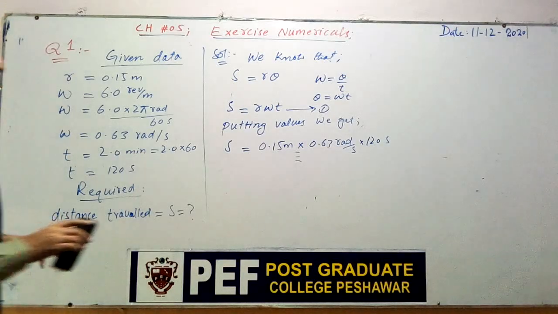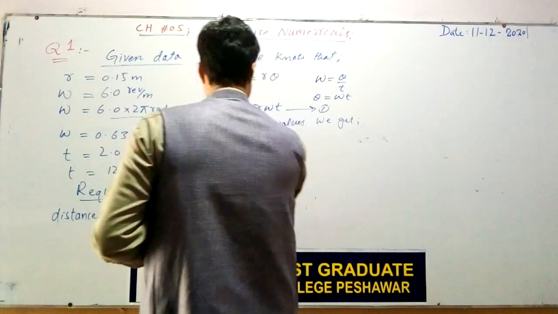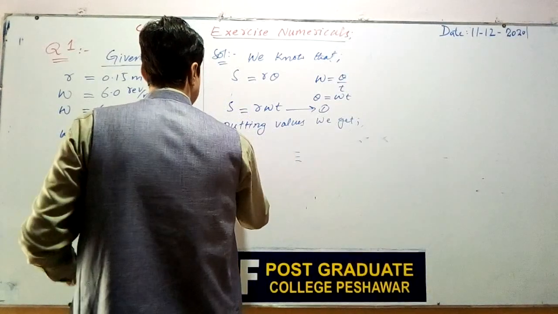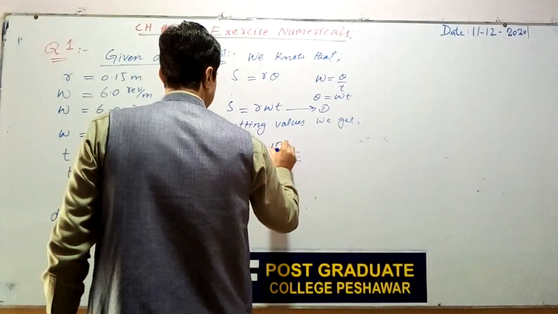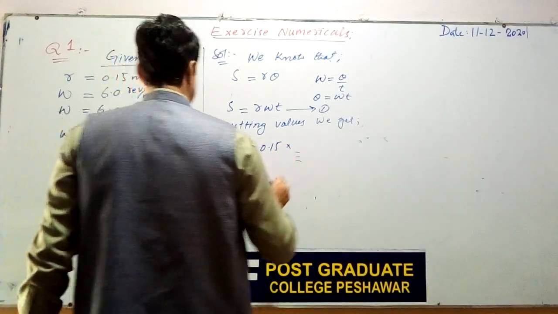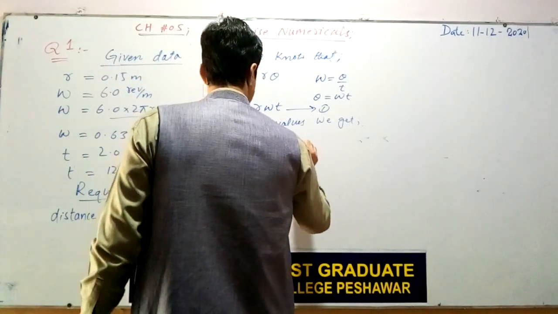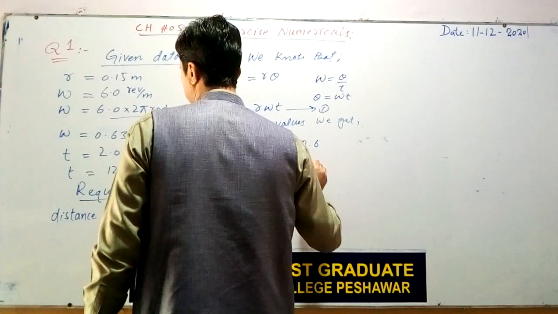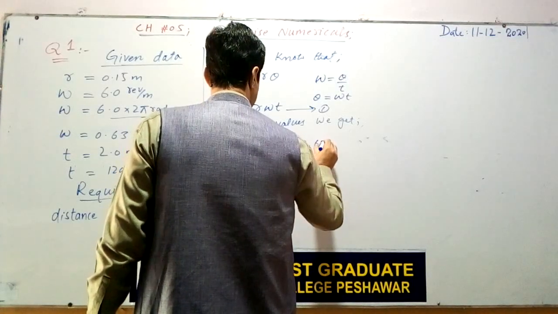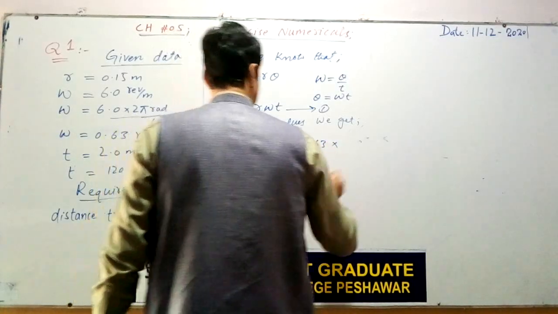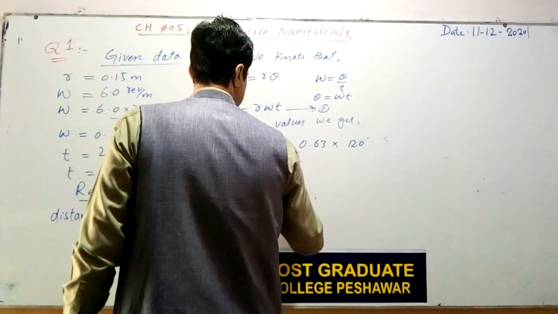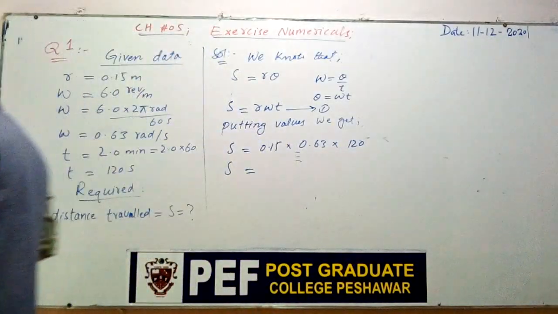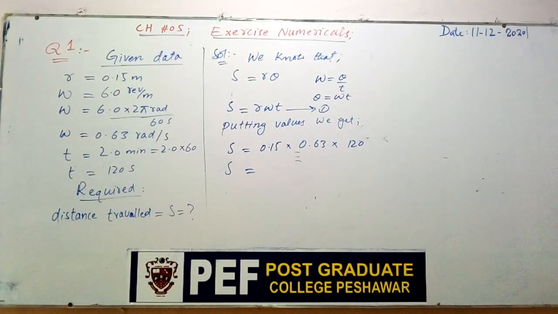Now, dear student, we can calculate this. Let me rewrite it: S is equal to 0.15 multiplied by 0.63 multiplied by 120. By carrying out this calculation, you will get 11 meter.